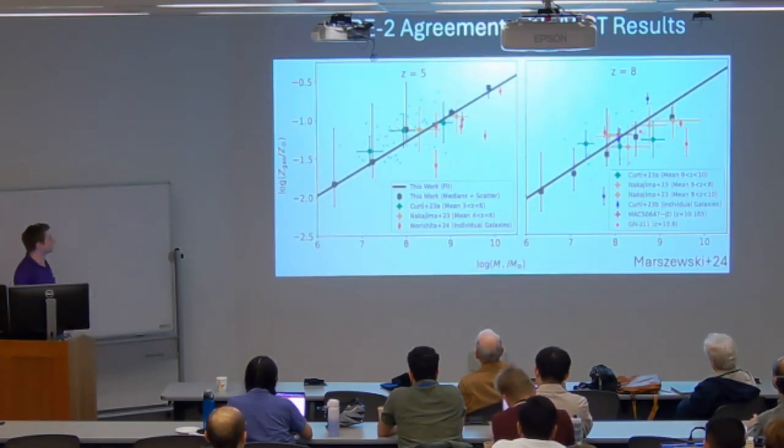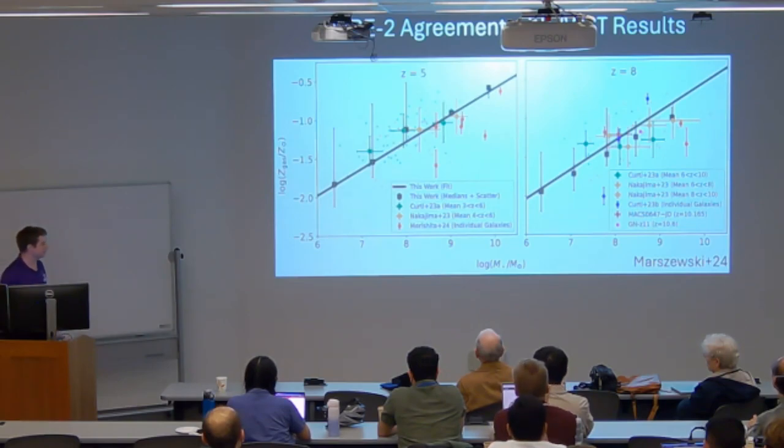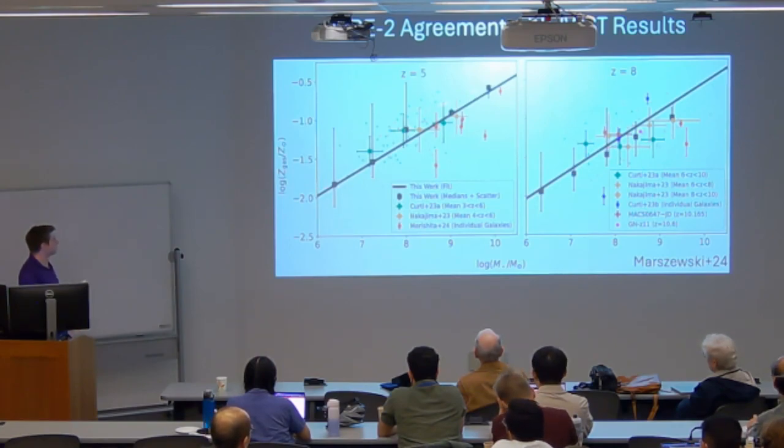Okay, next I'd like to present some observational comparison with preliminary JWST results. So again, our best fit model is shown in black, and our medians are shown by the black boxes at 2 redshifts, redshift 5 and redshift 8, but every other point on this plot is observational.